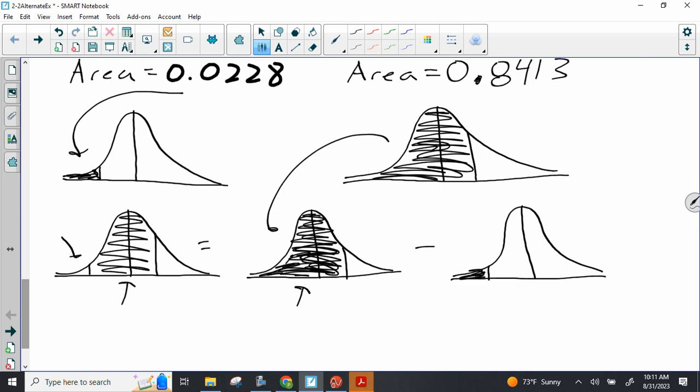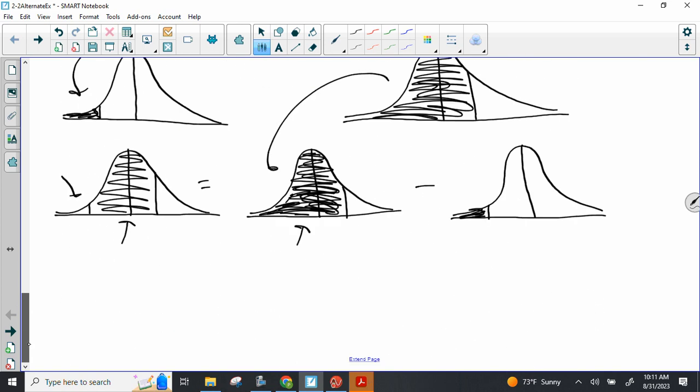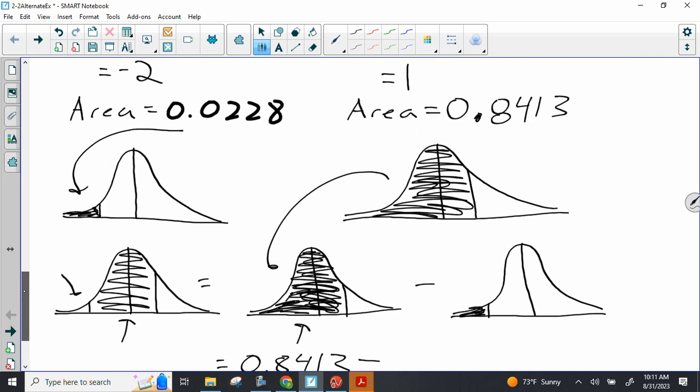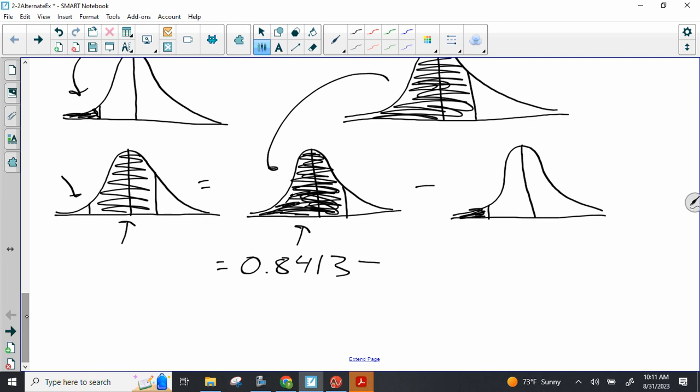We've got 0.8413 is this one. So now we can put numbers in. 0.8413 minus, we found out that this particular area is 0.0228. And that's our total area.